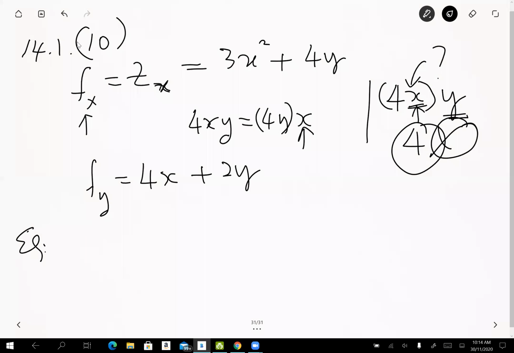I want to give you not just x, y, but another term multiplied with.